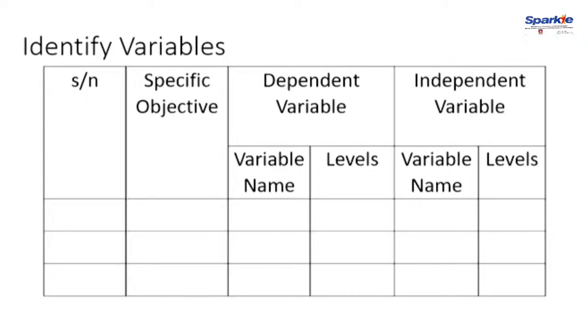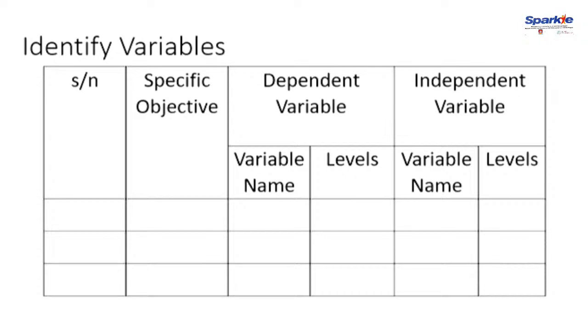Can we identify the variables here? Well, this table assumes that we have 3 specific objectives. It can be more. So when you look at your work, serial number 1, what is the specific objective? What is the dependent variable?